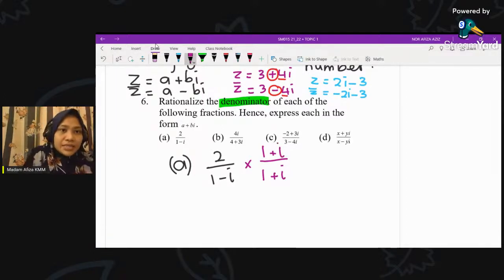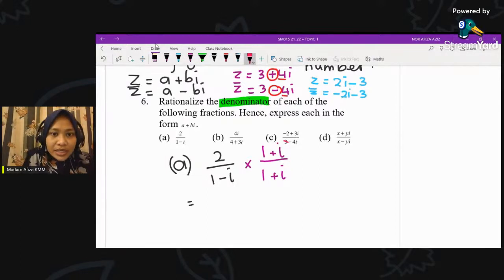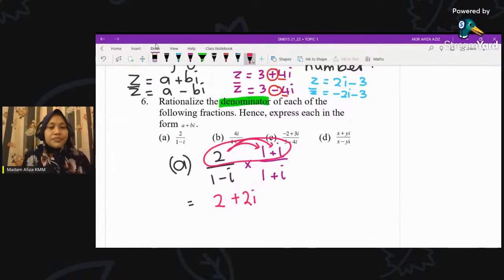Next we will continue with the calculation. For the numerator, we need to multiply 2 times 1, 2, and then 2 times I becomes plus 2I.